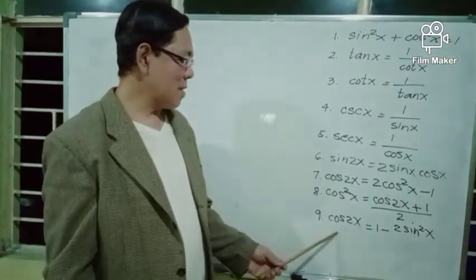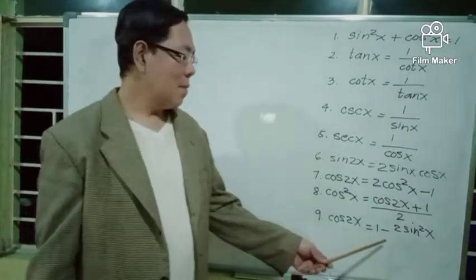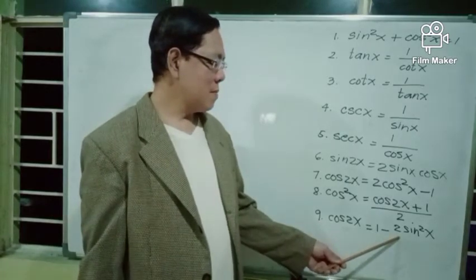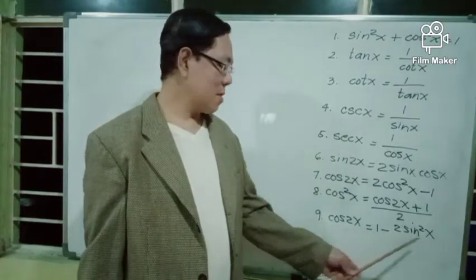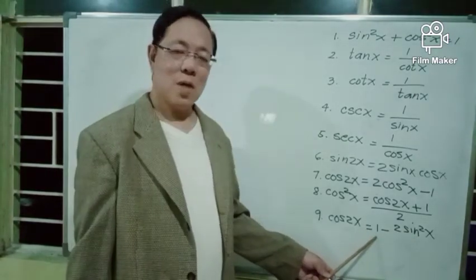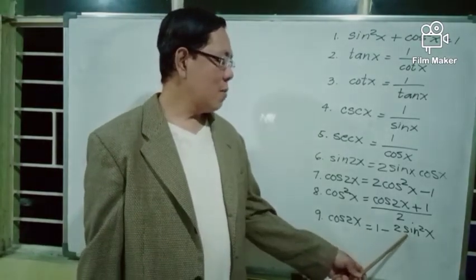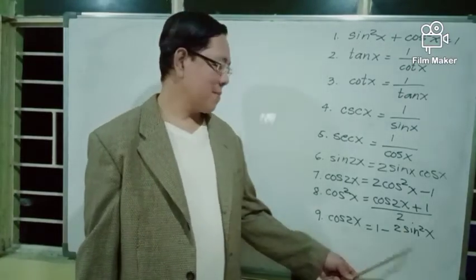Cosine 2x is also equal to 1 minus twice sine squared x, or cosine 2x equals 1 minus 2 multiplied by the square of sine x.